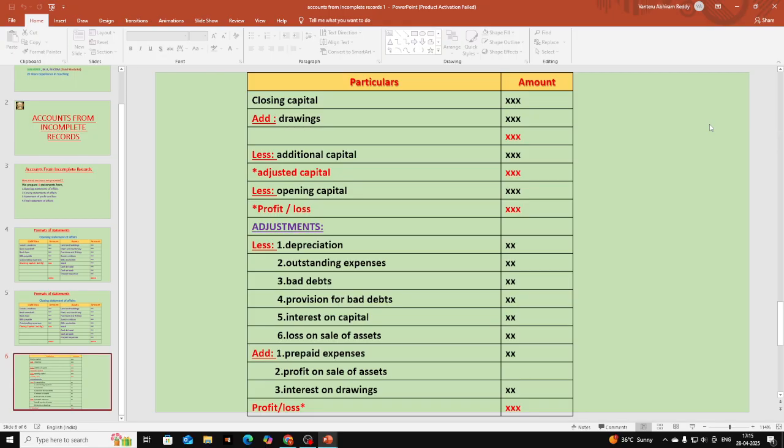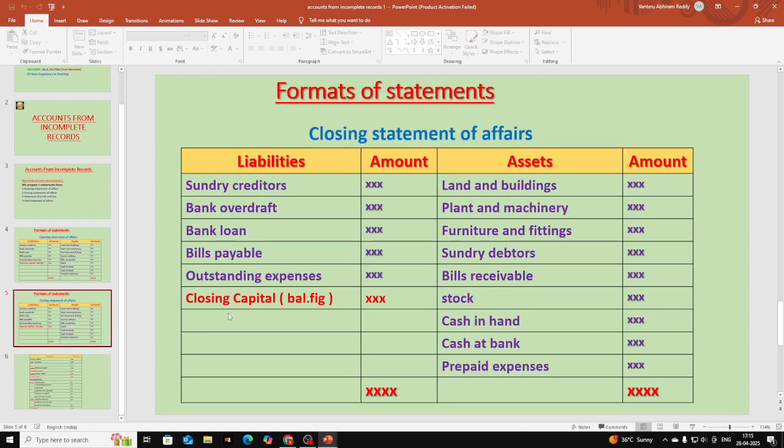The first item is always closing capital. The other name for closing capital is capital at the end of the year. The information will be available in the question and you have to take that value in the amount column. Suppose closing capital is not given, we find it out in the second statement, closing capital. So this amount we should take.